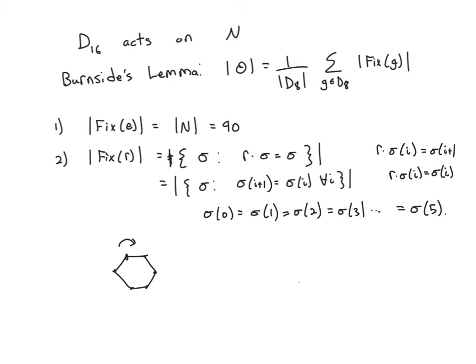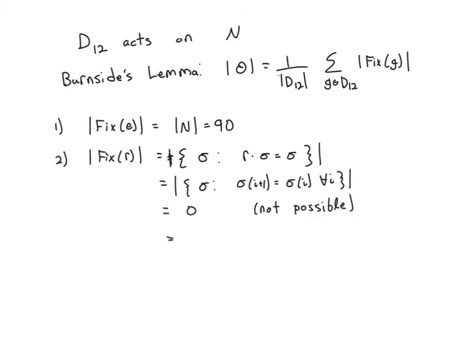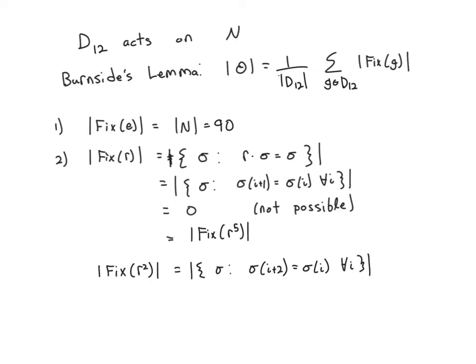The only way to have that happen is if we had 6 beads of the same color. So we see that this answer is actually 0. It also turns out that the same thing should happen for the counterclockwise turn, which would be r to the 5th. So if r is clockwise one direction, r inverse, or r to the 5th, is counterclockwise the other direction.